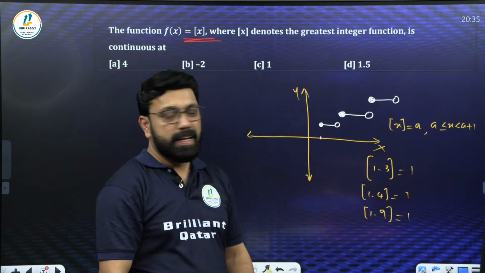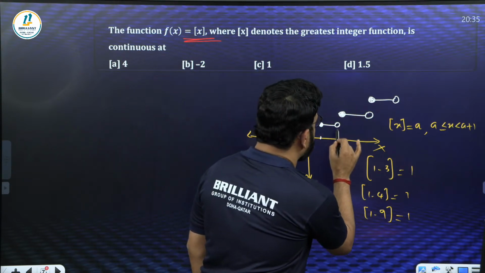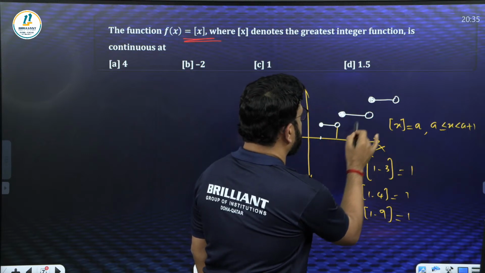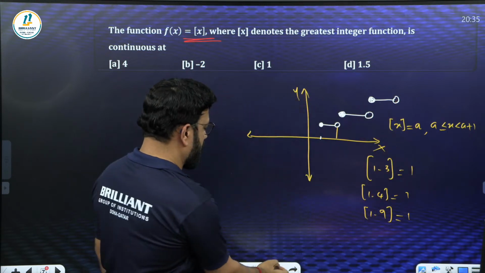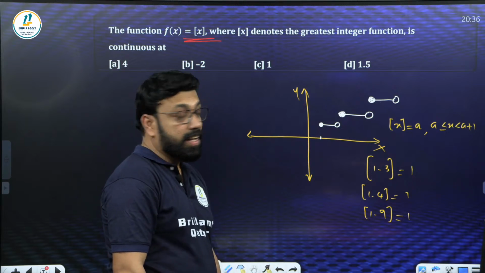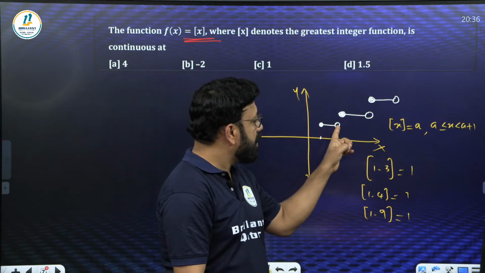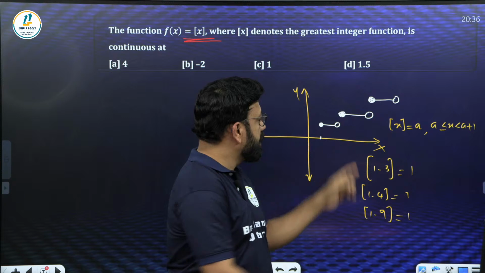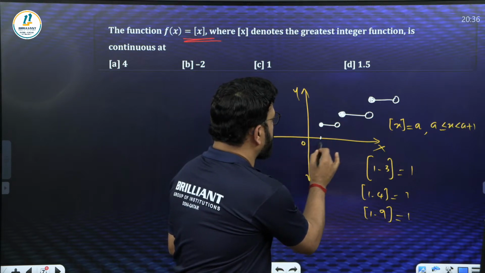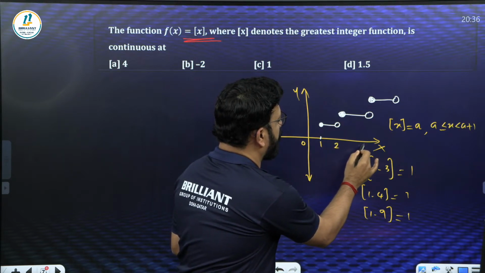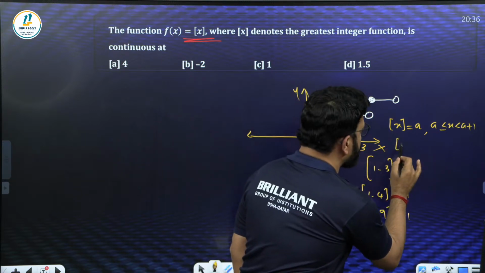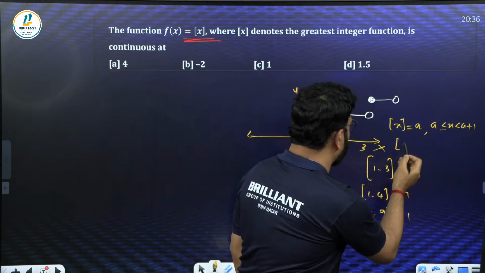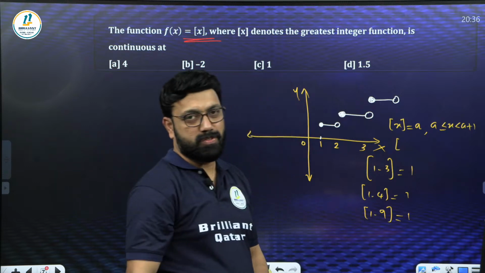It is always discontinuous at the integer points. The greatest integer function is discontinuous at integers. For example, taking 1, 2, 3 like that, from 1 to 2, 1.9 goes to 1 only.